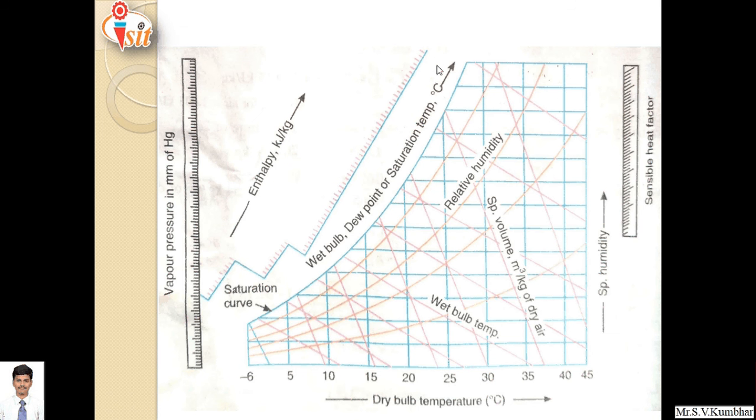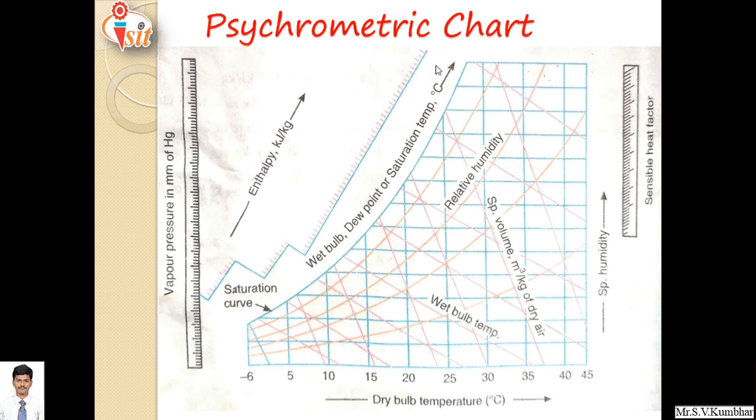Now, if you combine all these properties of moist air, it becomes the psychrometric chart. So this is the psychrometric chart. First we studied dry bulb temperature: these lines are equally spaced vertical lines, parallel to the ordinate, that is the y-axis.